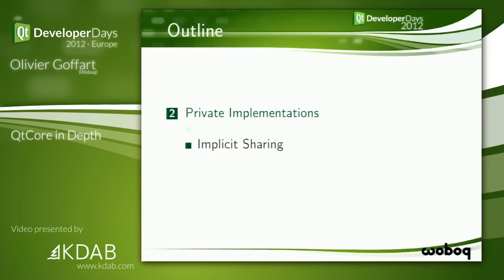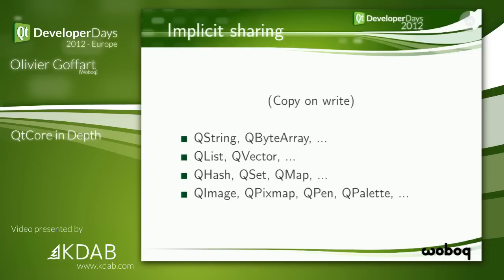And this idea of private implementations allows one of the main concepts of the class that can be copied: that in Qt we do implicit sharing. What we just saw was for all the objects that you mostly use by pointers, but for all the other objects that you use on the stack and copy around, like QString and most of the Qt classes, we use this idea to have only one instance of the private implementation for every instance of the QString that refers to the same string.